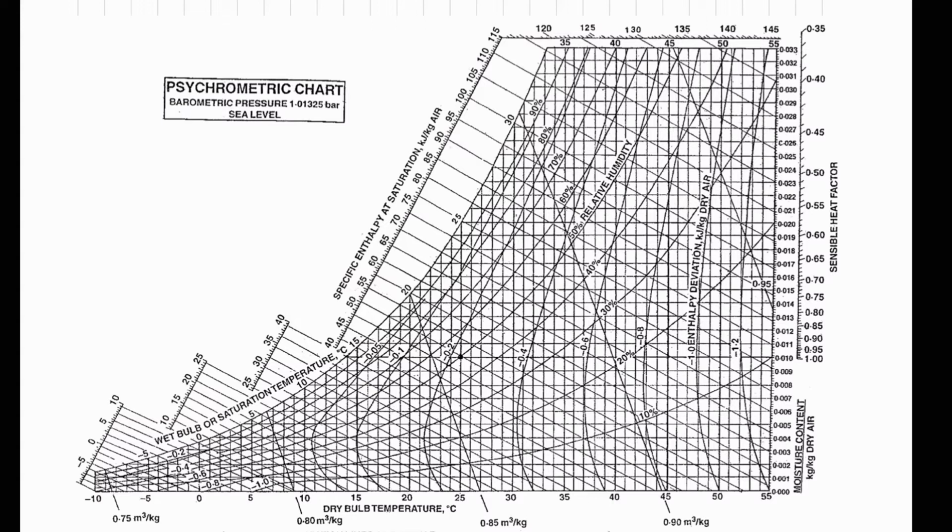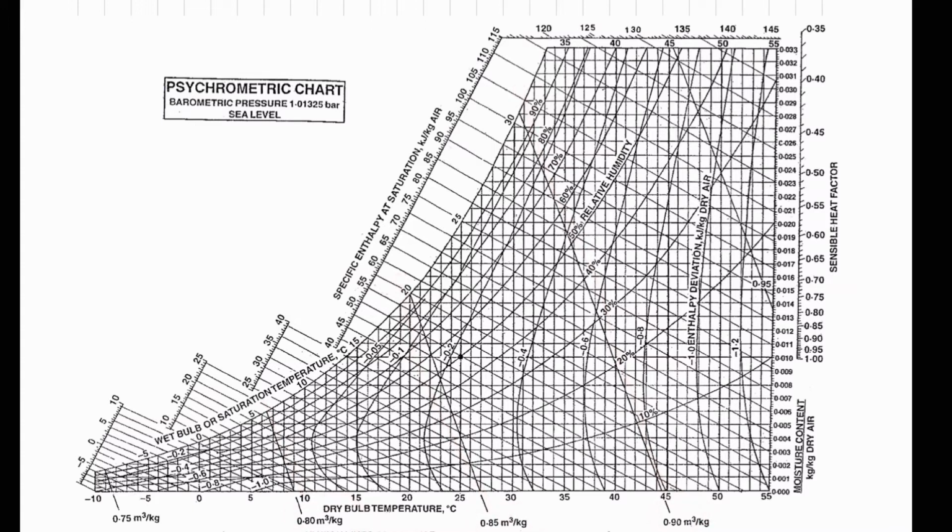Now if you take the same line and extend it beyond the saturation curve, here you can read the specific enthalpy value. Okay, this is about the psychrometric chart. Now these are specific volume lines. You can see the unit over here, meter cube per kg.